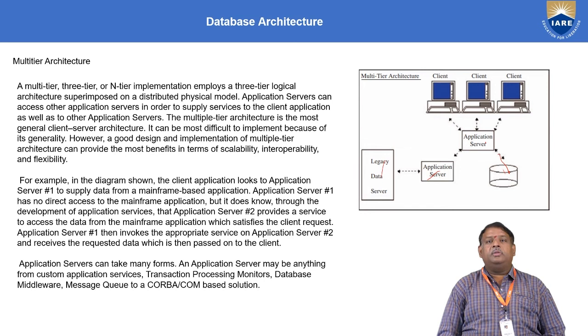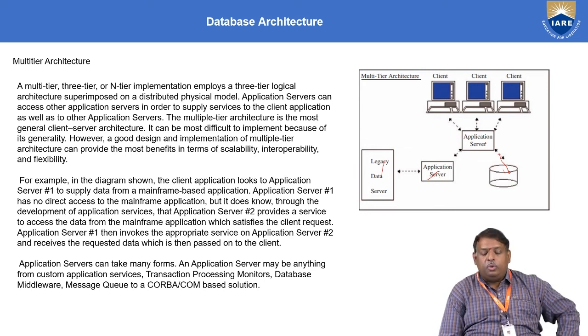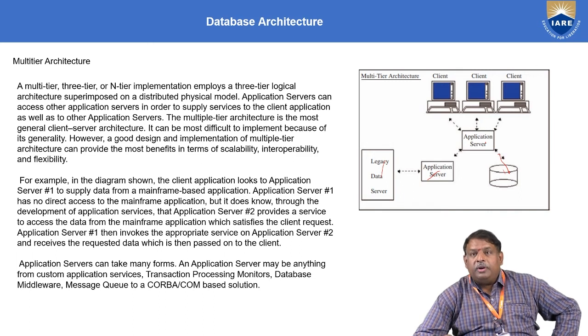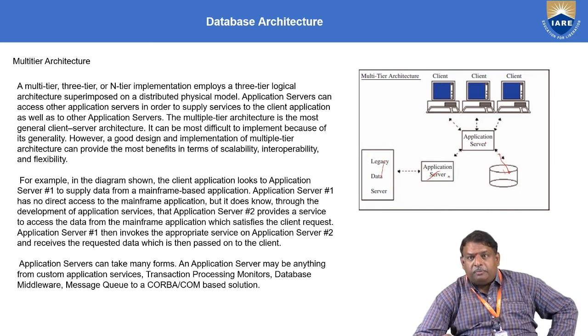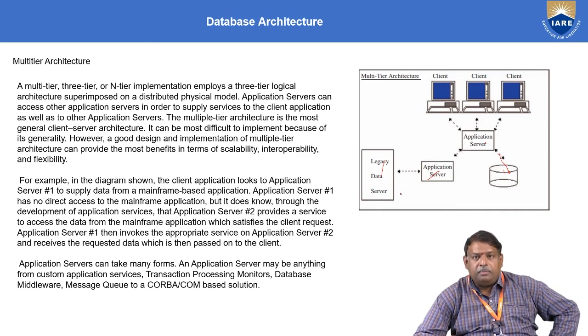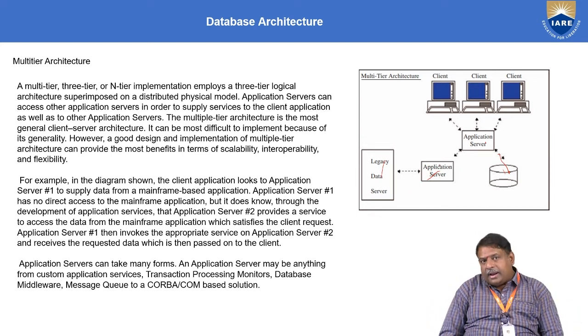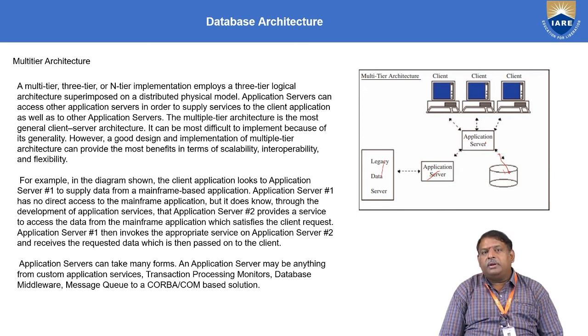However, it does know that, through the development of application services, application server 2 will provide access to data from the mainframe application, which satisfies the client request. Application server 1 then invokes the appropriate service on application server 2, receives the requested data, and passes it to the client.